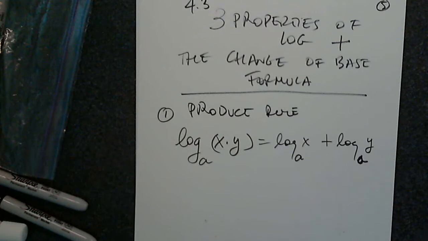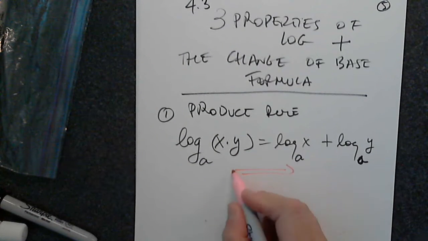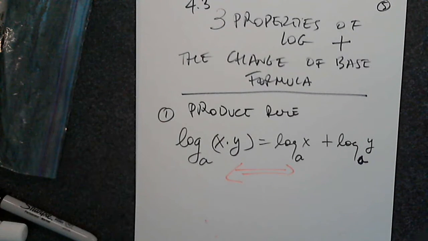But this property or rule should be looked at in a dynamic way. What does that mean? This is again a double equivalency symbol, meaning that if I have log of a product, I'll change this into a sum of logs. But if I have a sum of two logs, I can come up with the right-hand side, which is log applied to a product.